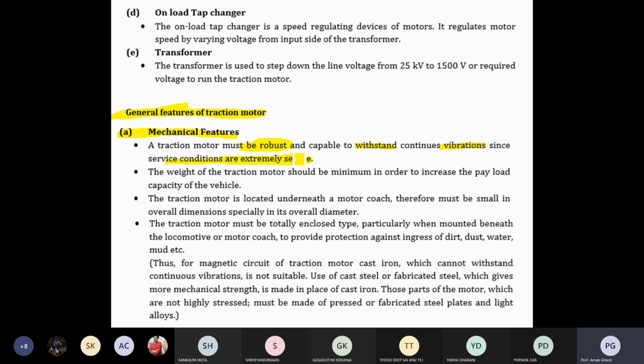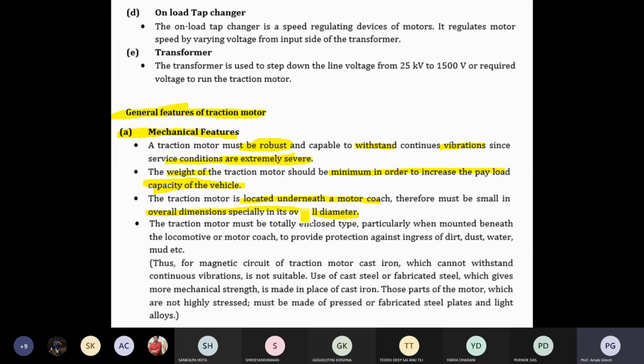The weight of the traction motor should be minimum in order to increase the payload capacity of the vehicle. So it depends upon your payload capacity. The traction motor is located under the motor coach, therefore it must be small in overall dimension, especially in overall diameter.